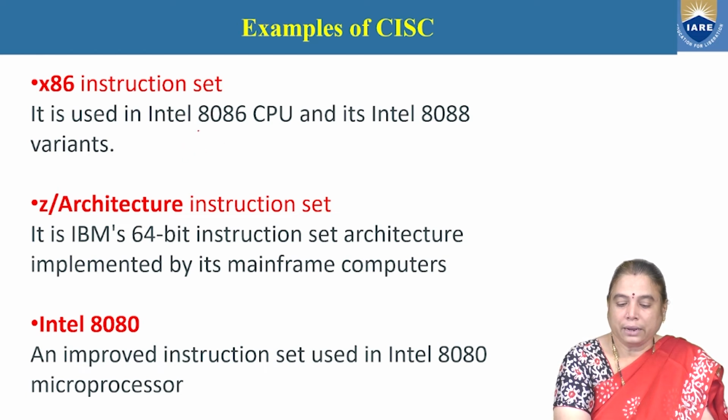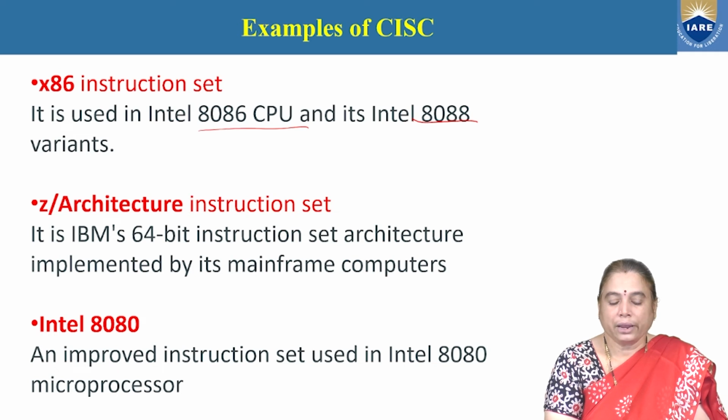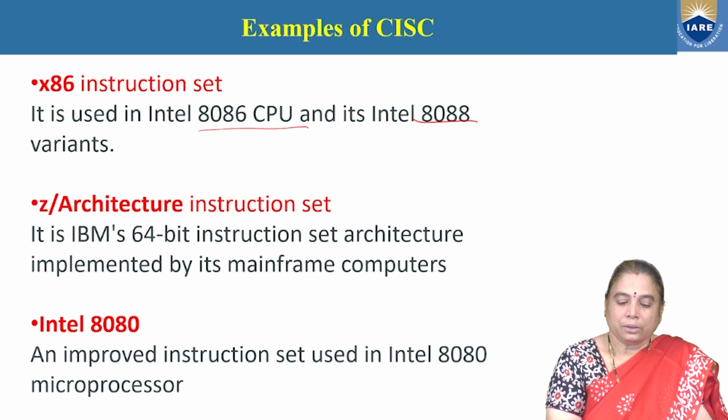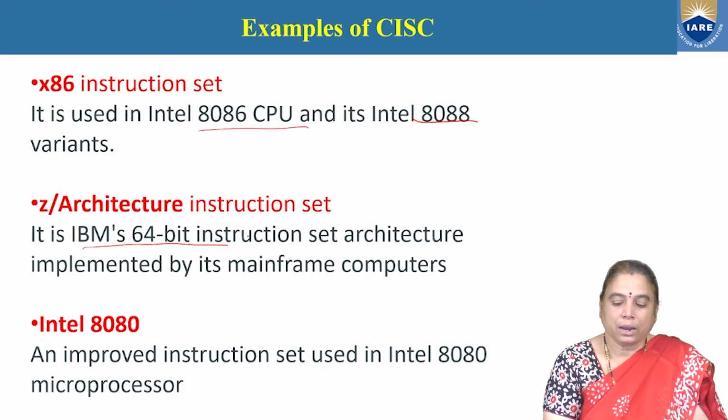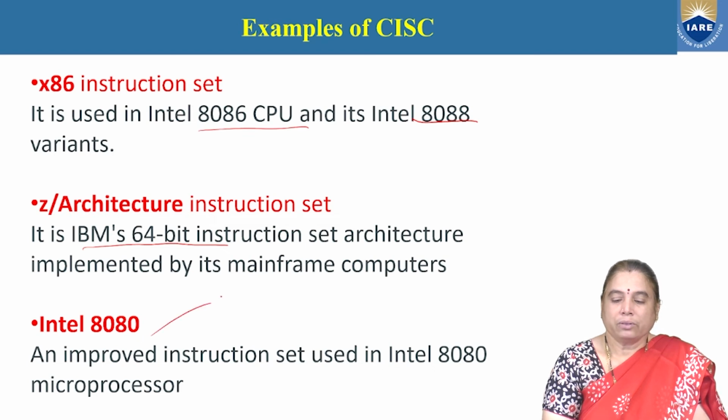It is Intel 8086 or 8088 architectures that can be CISC architectures. The z/Architecture is also an IBM 64-bit instruction set architecture, and it is also one example of the CISC architecture. Intel 8080 is also an example of the CISC architecture.